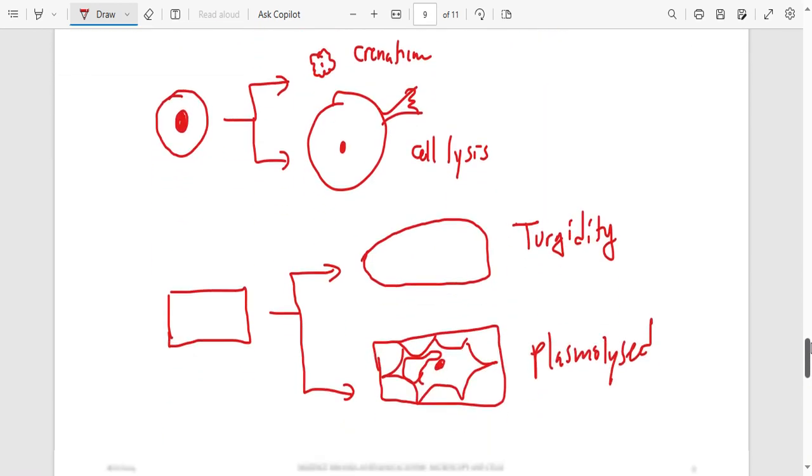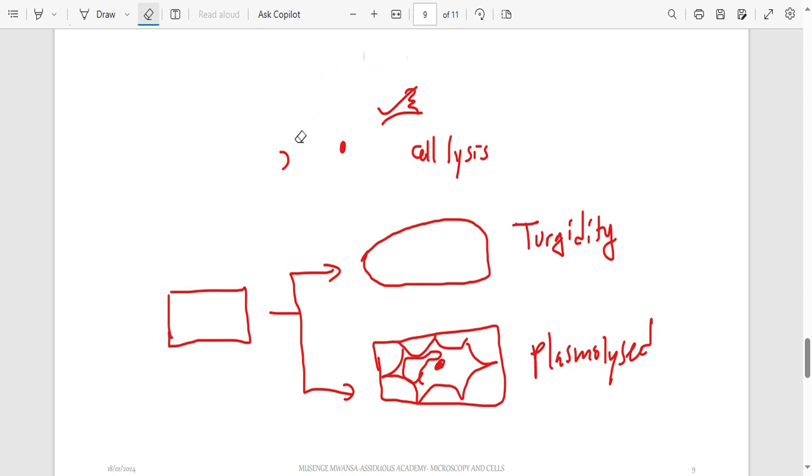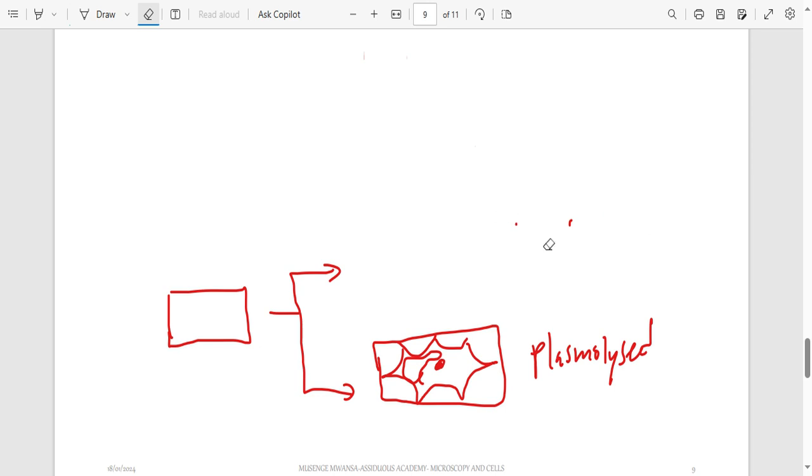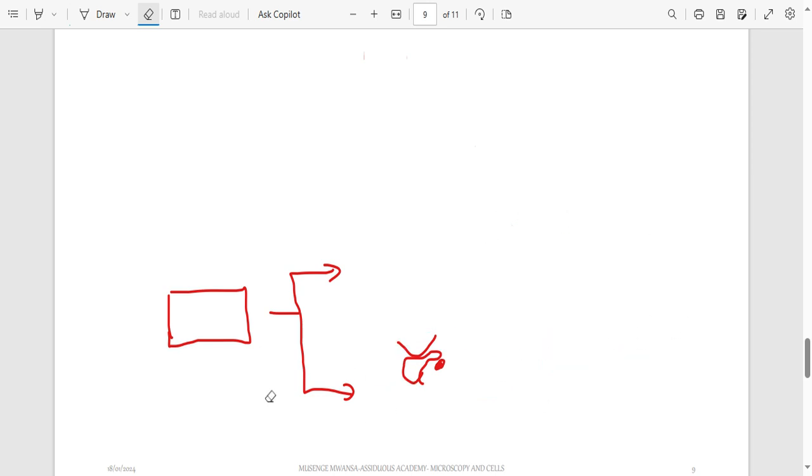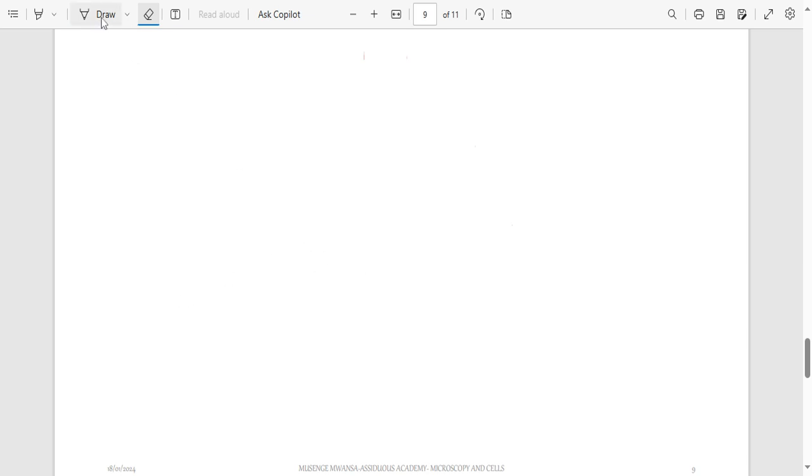So let me describe it now more so that you understand what happens. For the cell membrane, we are saying it is a lipid bilayer. So for a phospholipid, we'll describe it easily like this. We'll write this as the head, and then we'll write the tail like this.